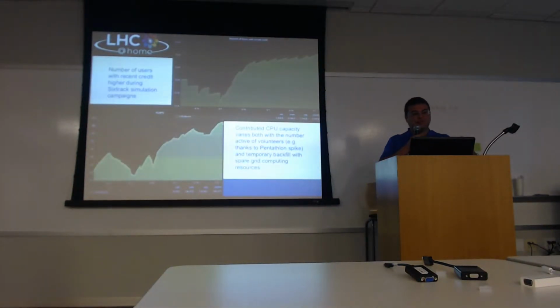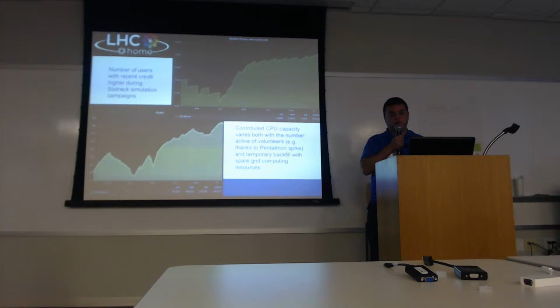And these are the numbers of the users with the highest recent credit during SixTrack simulation campaigns. Here we can see the contributed CPU capacity, which varies both with the number of active volunteers and the temporary backfill with spare grid computing resources.